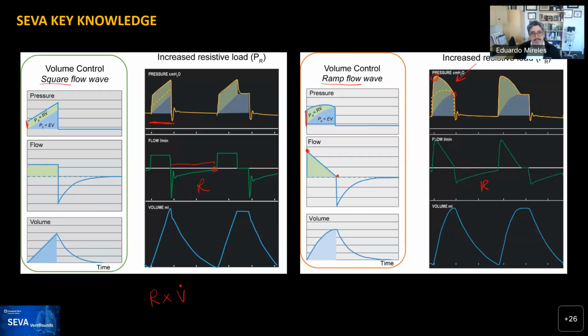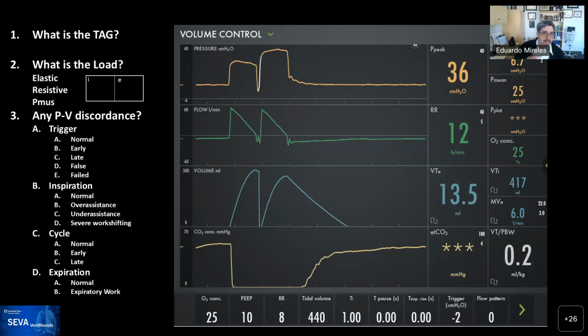All right. Now that I have said that, here comes the waveform. I want you to observe very carefully this waveform, and I'm just going to put what the tag is, which is volume control, CMV, set point. So we're controlling the volume, so it's a descending waveform.